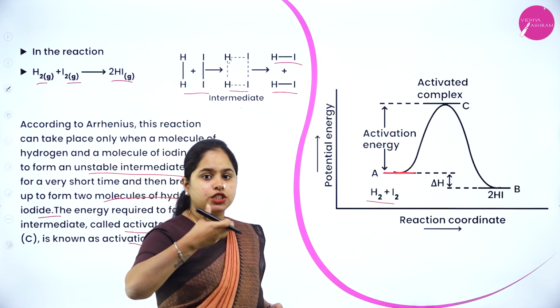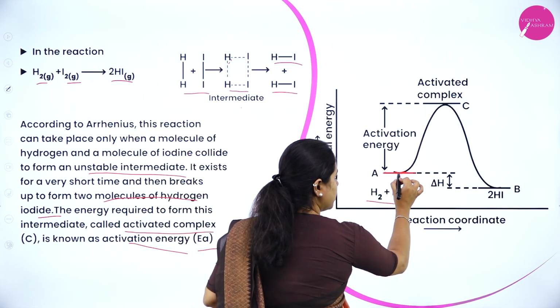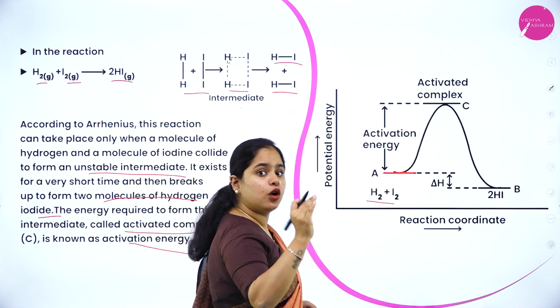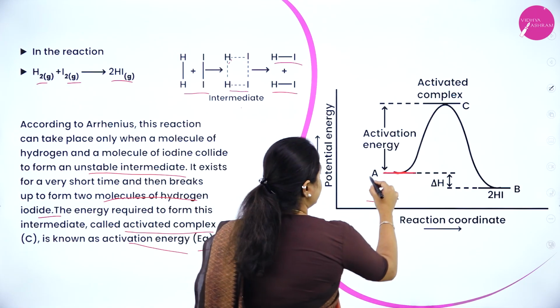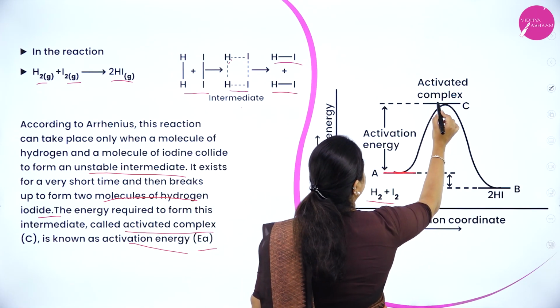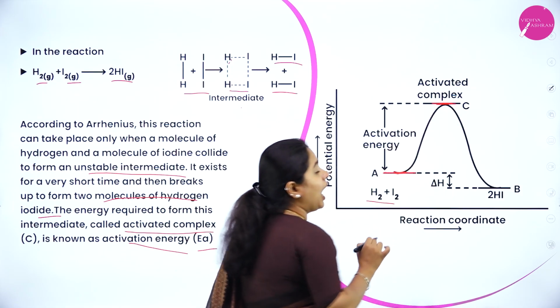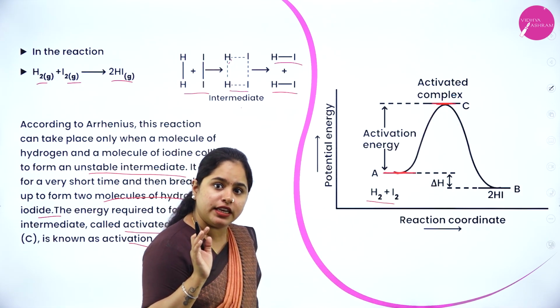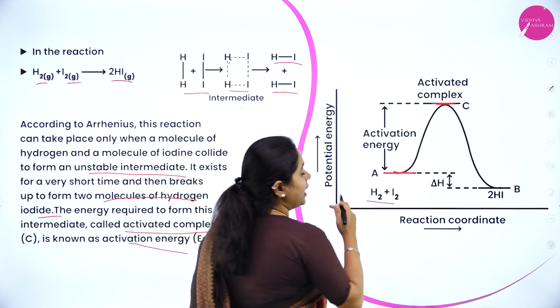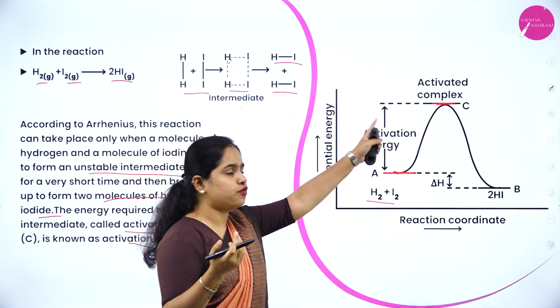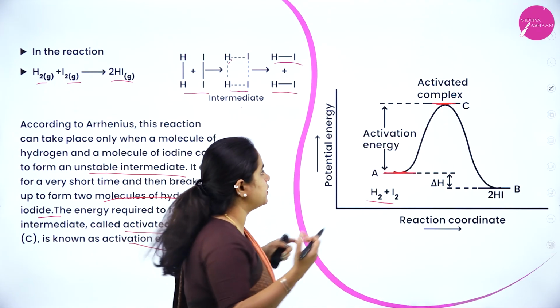Now what was activation energy? Activation energy is the energy required for the reactants to form the activated complex. The reactants will start colliding with each other and finally form the activated complex, which is very unstable. So the energy which is required for reactants to form the activated complex is called activation energy.